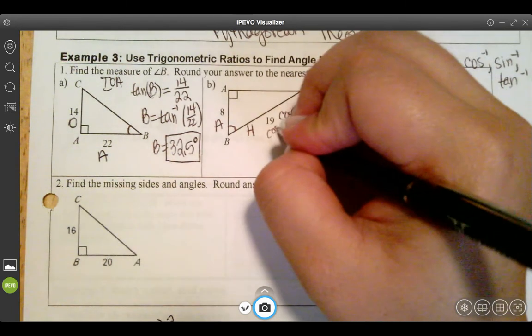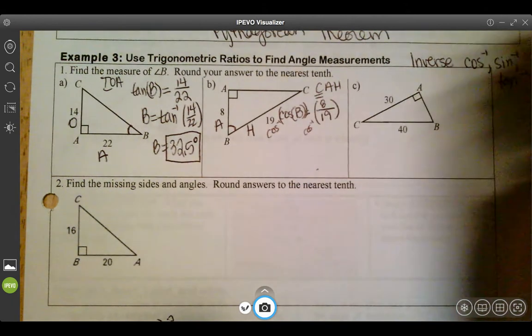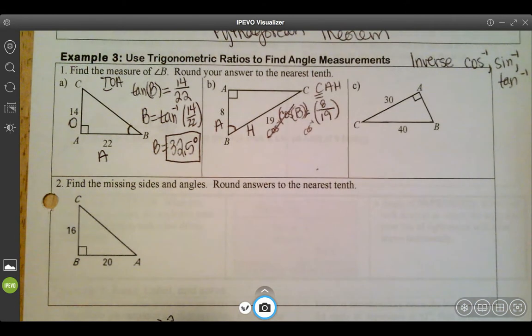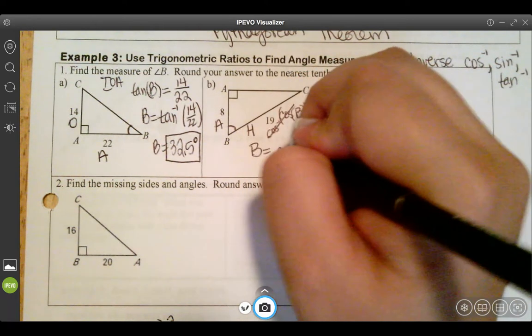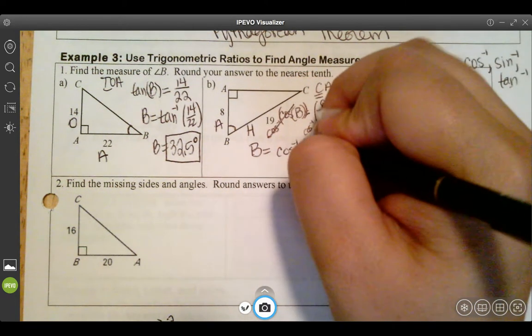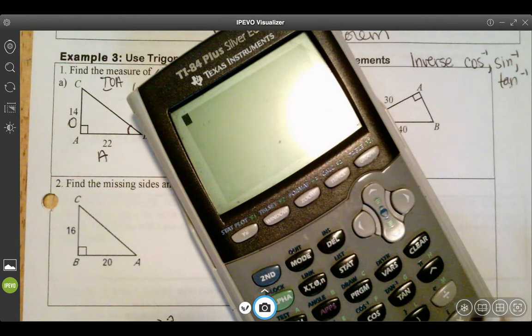So think about cosine inverse of this side and cosine inverse of this side. Cosine and cosine inverse cancel out. So we get that B equals cosine inverse of 8 over 19. Into the calculator it goes. Cosine inverse of 8 over 19 is 65.1.